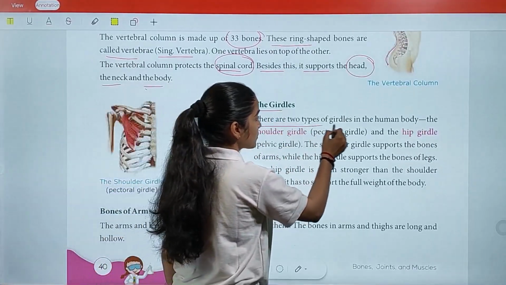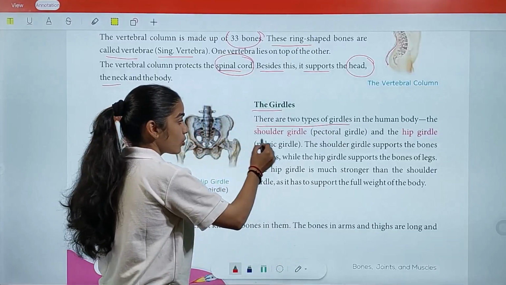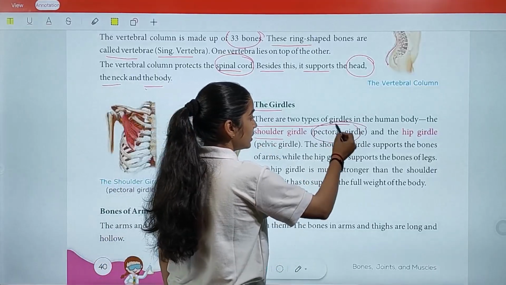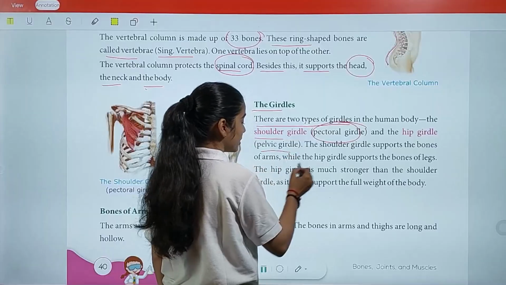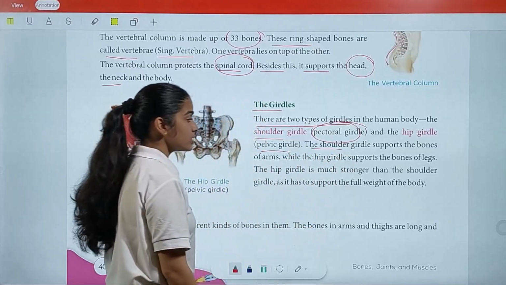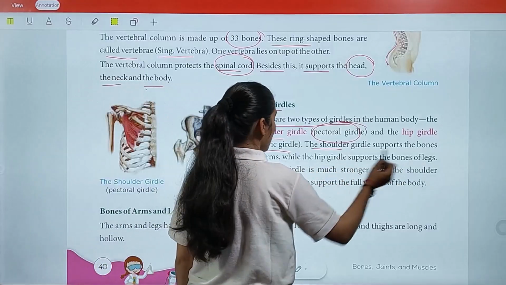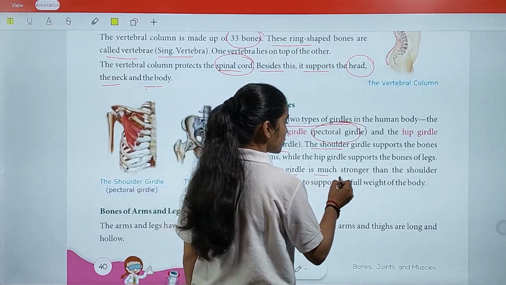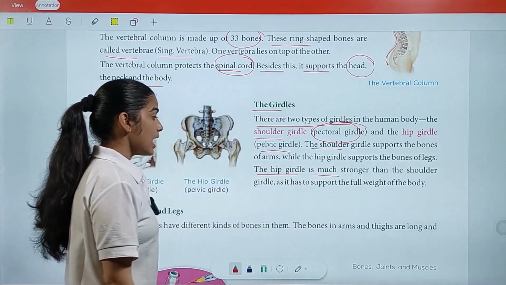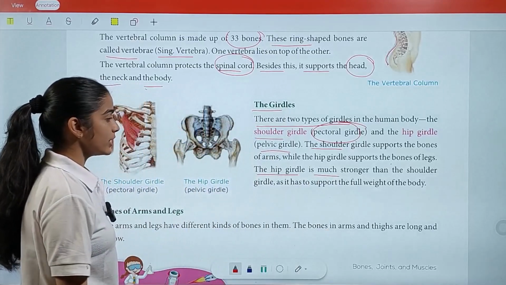Now next we have the girdles. There are two types of girdles in the human body: the shoulder girdle, or pectoral girdle, and the hip girdle, or pelvic girdle. The shoulder girdle supports the bones of the arms, while the hip girdle supports the bones of the legs. The hip girdle is much stronger than the shoulder girdle, as it has to support the full weight of the body.